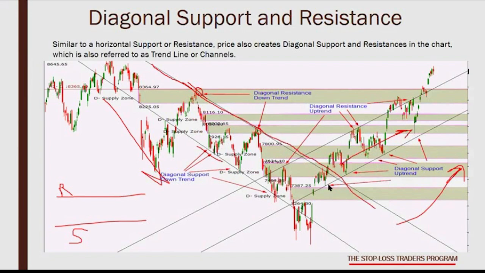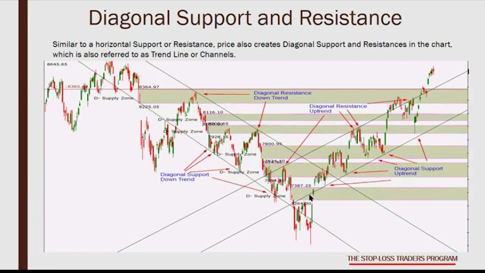Price fell down again and created a support here, right? Twice it came down to the support and moved up, right? It tried to move above this resistance but failed and came down, hit the support and again moved up, hit the resistance, again moved down.